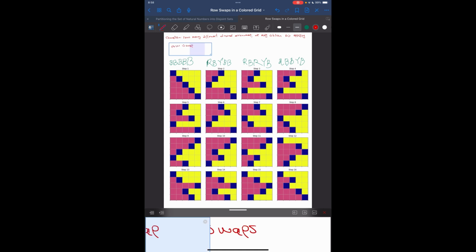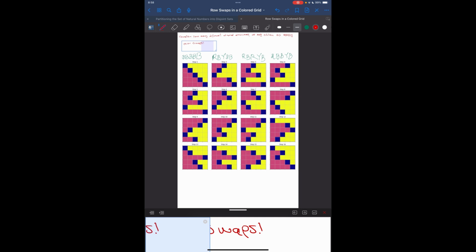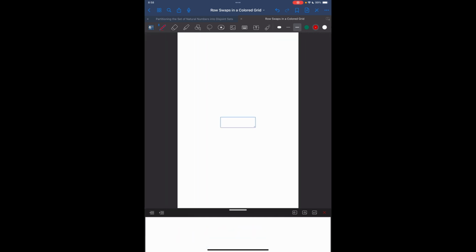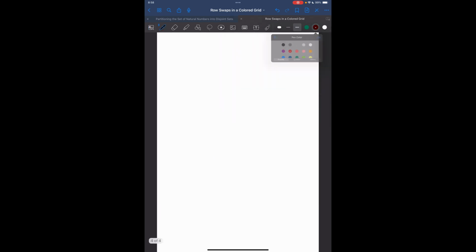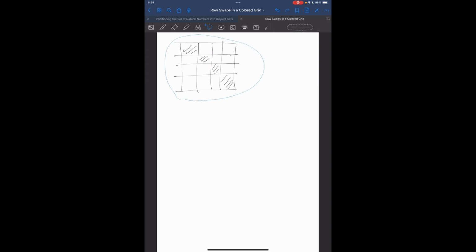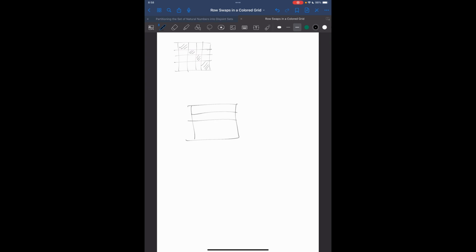Let me actually give a simpler example. Consider a 4 by 4. Initially I have all the blue ones here, correct? Now I'm going to make a swap with the first and second, so it would become like this.